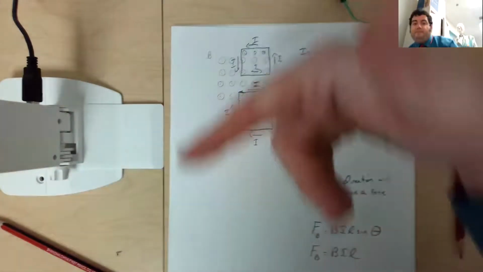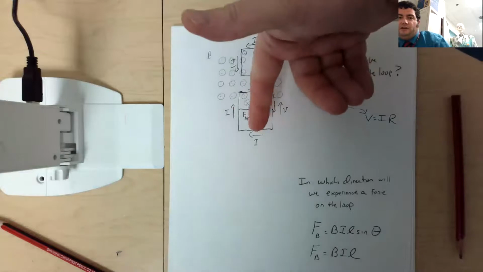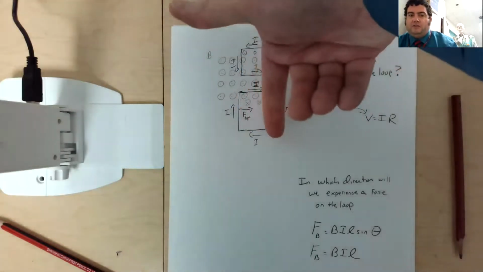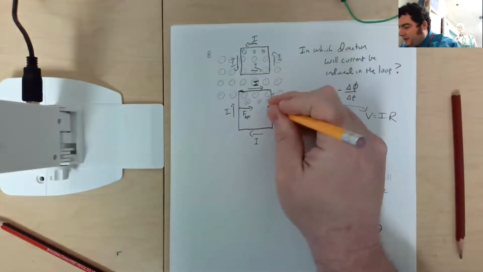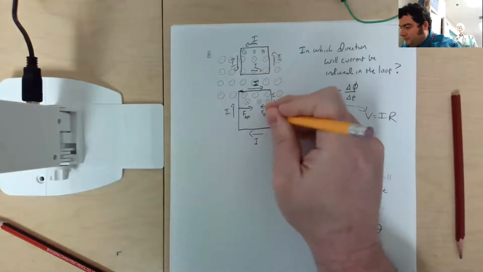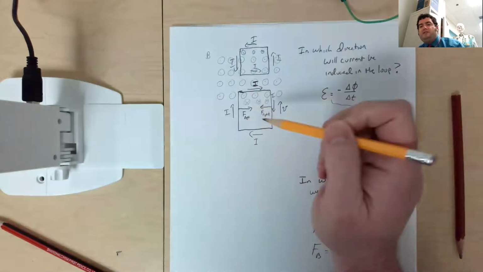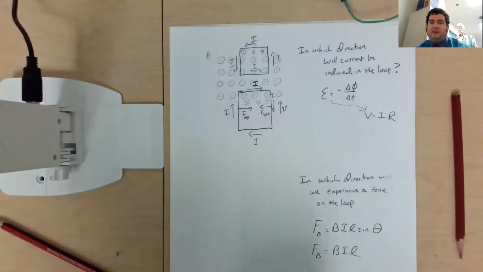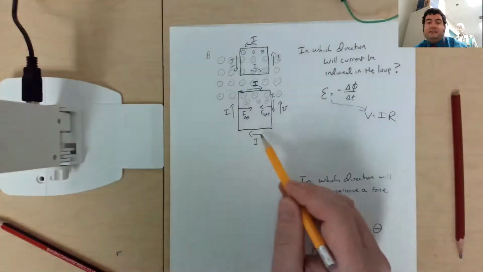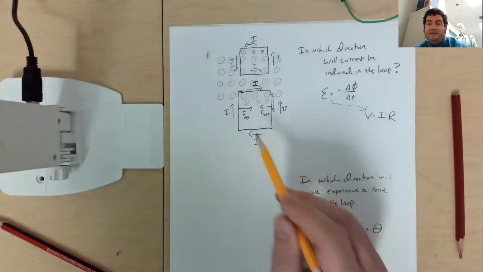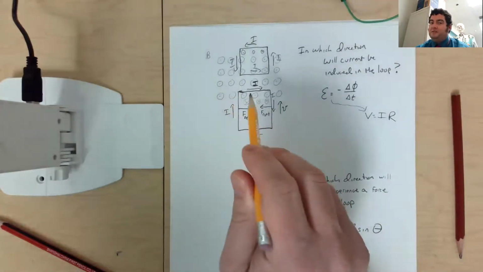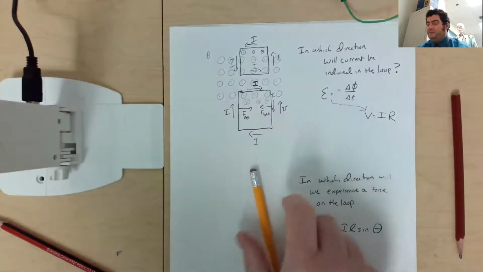I could play the same game here. There's current, there's field. So this side's going to experience a force in the opposite direction. So effectively, whatever forces these two sides experience, they're going to cancel each other out. This side isn't going to experience a force because it's not in the field. So it all comes down to what direction this side is.